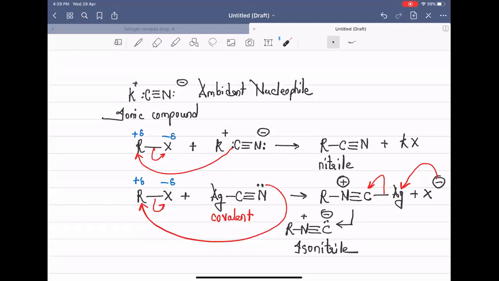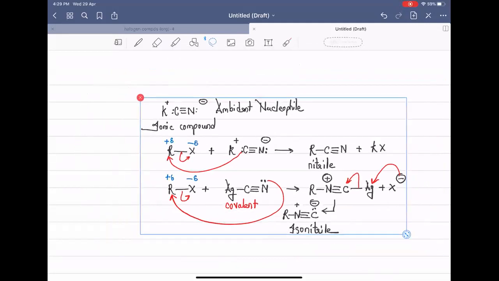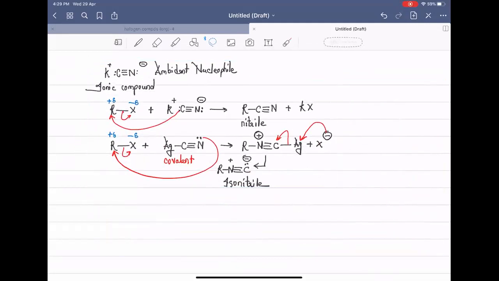In KCN, carbon gives electrons, whereas in AgCN, it is nitrogen giving electrons. This is important: in the first case, you have nitrile as your product, and in the second case, you have isonitrile as your product. So please make a note of this.